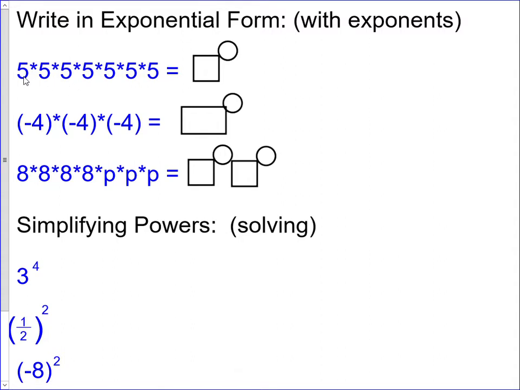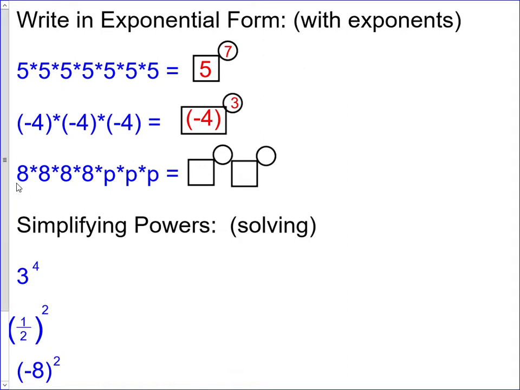So here, looking at this, it's all 5s, so we know that our common factor or our base is 5. 5 is being used 1, 2, 3, 4, 5, 6, 7 times, so this would be written as 5 to the 7th power.